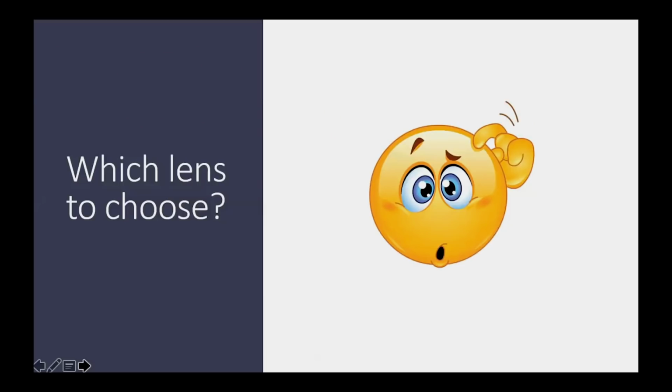There's a lot of options and it's a difficult decision, and it's really different for every individual. There's a lot of things to consider, and it's a discussion that you have with yourself and your ophthalmologist to try to come up with what the best lens is for you. So there's a few things that you have to think about.